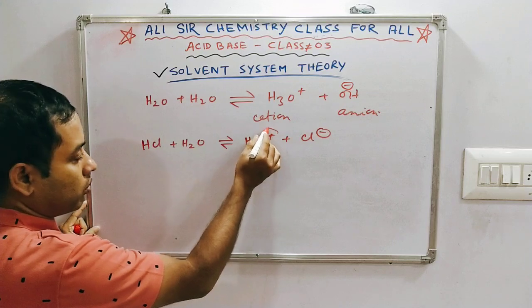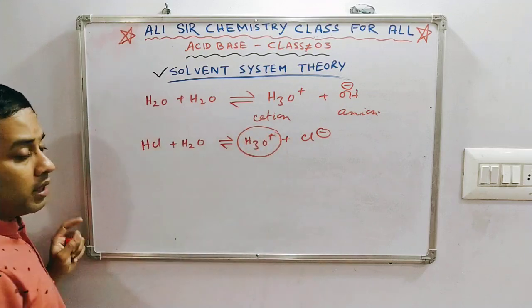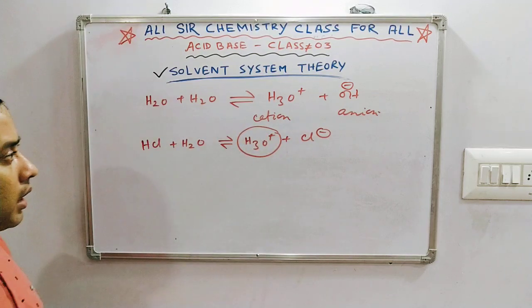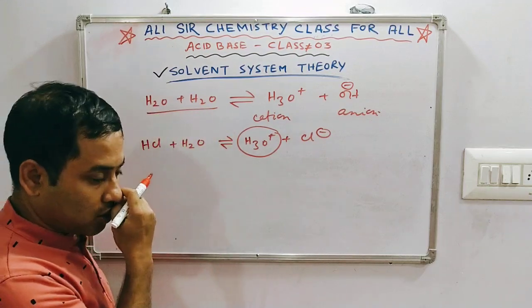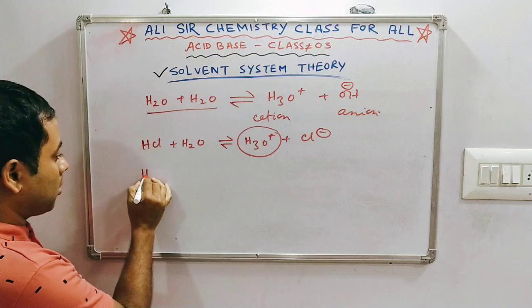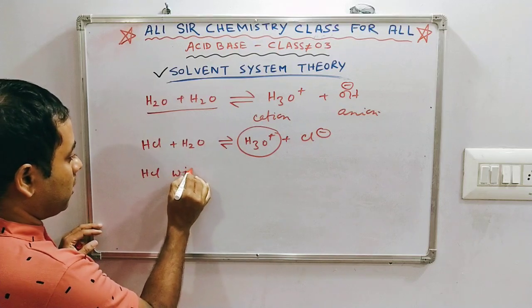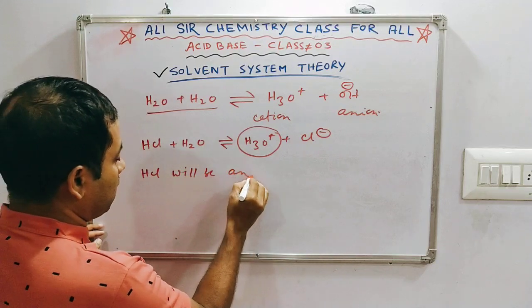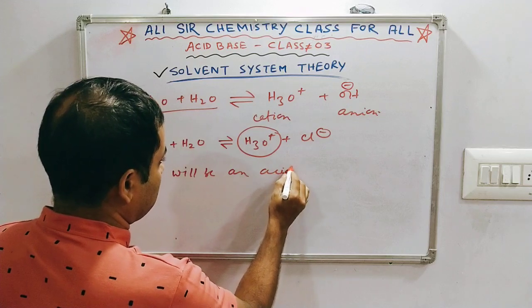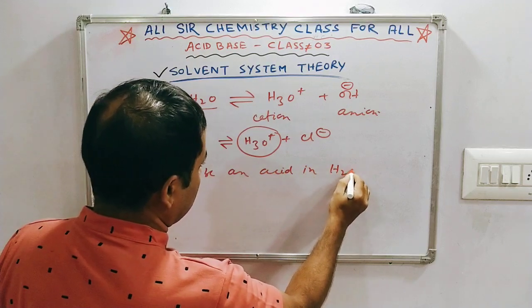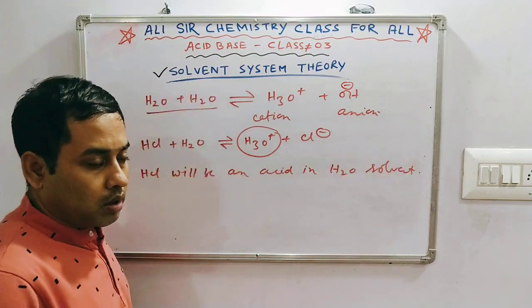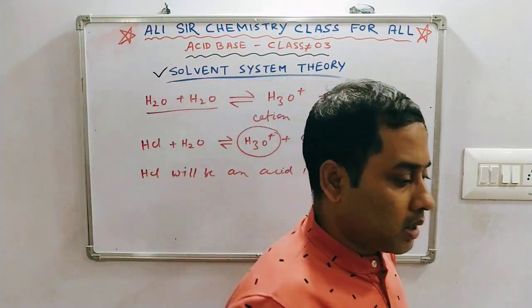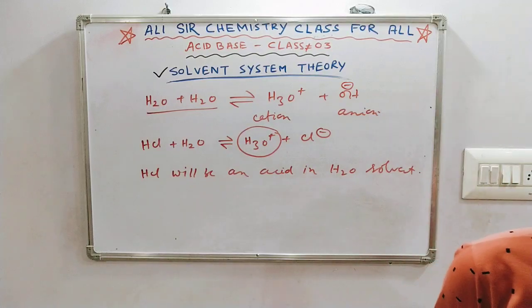So it will increase the cationic part of the solvent. Which solvent? Water. So HCl will be an acid in water solvent.